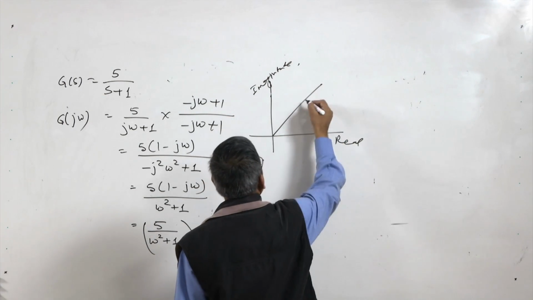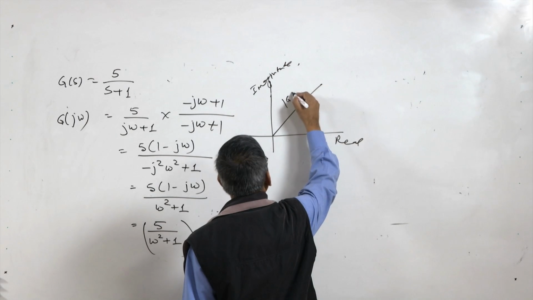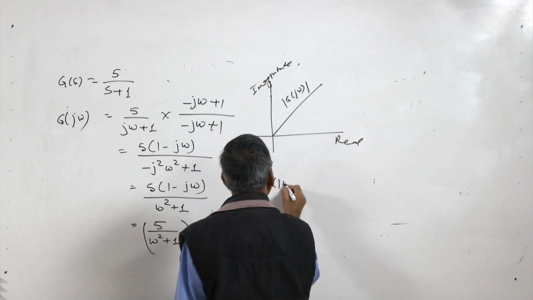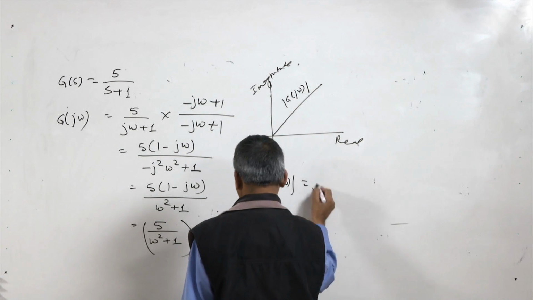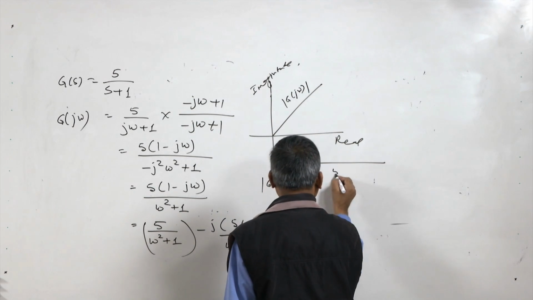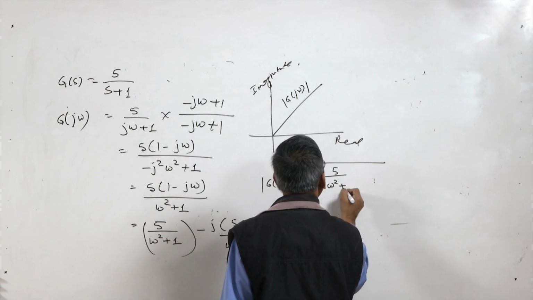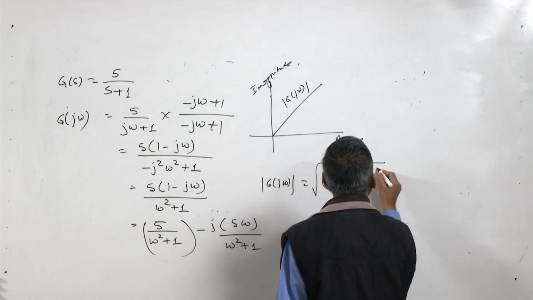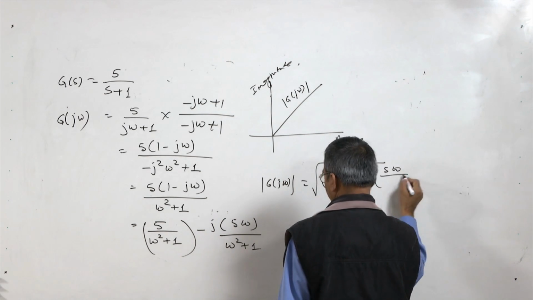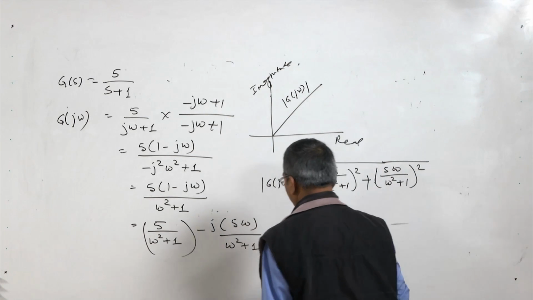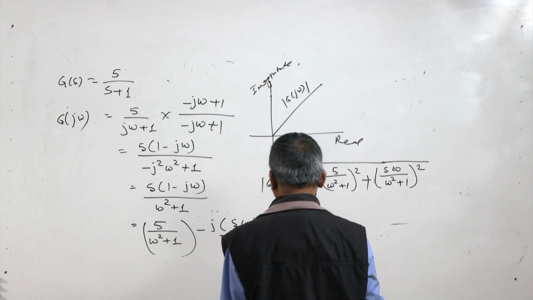the magnitude of it, that is G(jω), and this will be given by under root of (5 by (ω square plus 1)) whole square plus (5ω by (ω square plus 1)) whole square, that is under root x square plus y square. Okay.